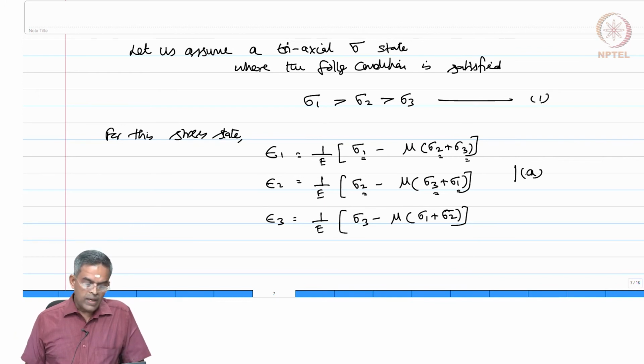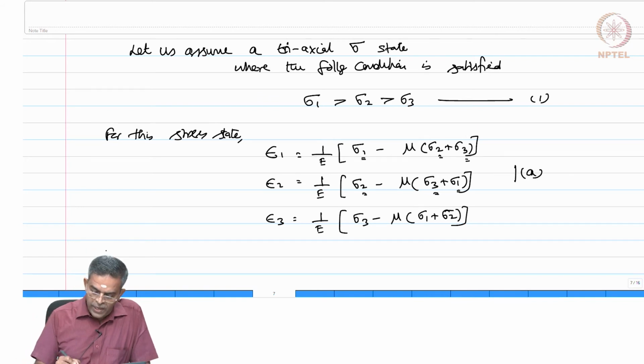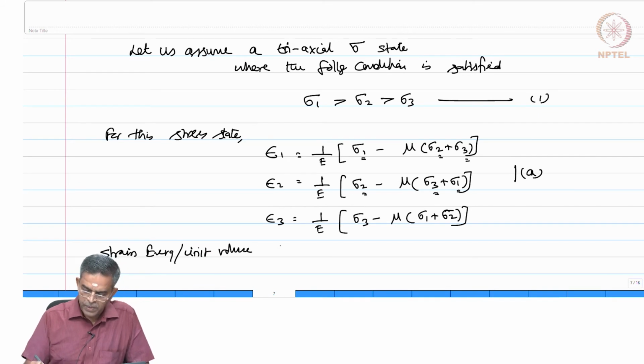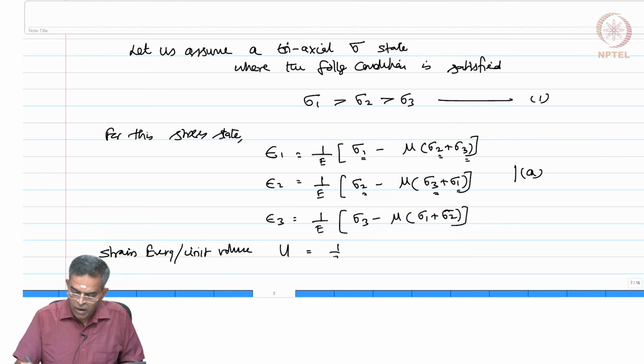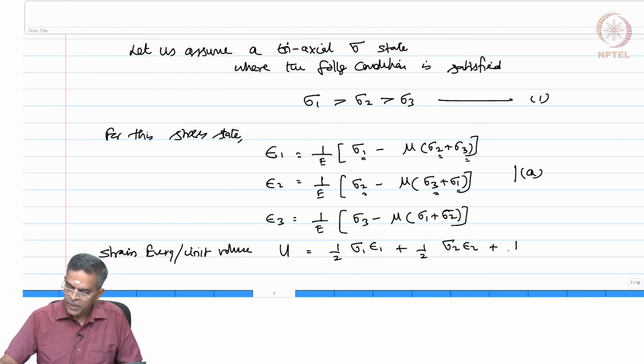Once I know the strain values, I can always find the strain energy per unit volume, which is usually expressed as U, which is given as half sigma 1 epsilon 1 plus half sigma 2 epsilon 2 plus half sigma 3 epsilon 3.